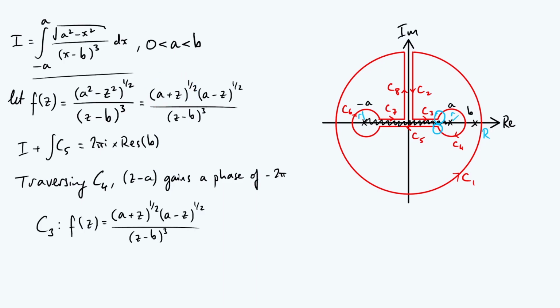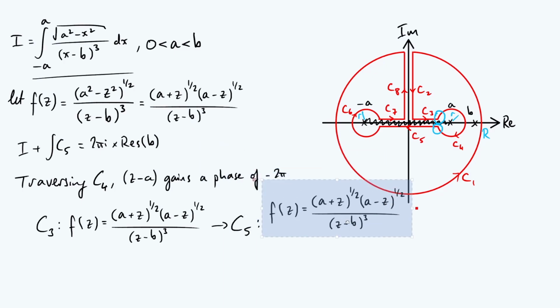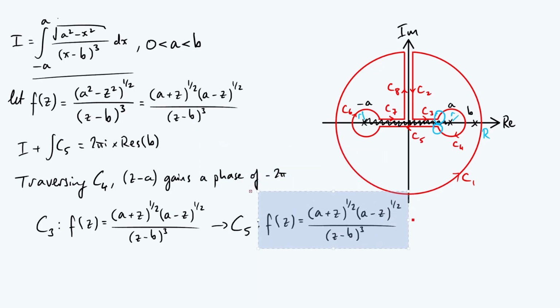Well, if we say that on c7 and c3 f of z is as defined here, then we can say that on c5, having traversed all the way around c4, f of z is almost the same thing but with an additional phase factor, which is going to be e to the minus 2 pi i to the power of a half, because this term here, the a minus z, is gaining a phase factor of e to the minus 2 pi i, and that whole thing is being raised to the power of a half. And e to the minus 2 pi i to the half is, of course, e to the minus pi i, which is just minus 1.